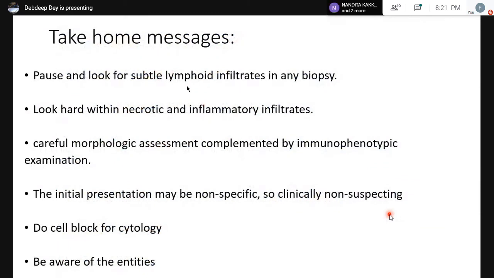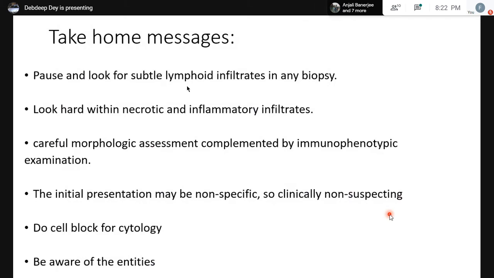So to summarize, always pause and look for subtle lymphoid infiltrates in any biopsy. Look hard within the necrotic and inflammatory infiltrates, particularly in a nasal mass. Careful morphological assessment is needed, complemented by immunophenotypic examination.